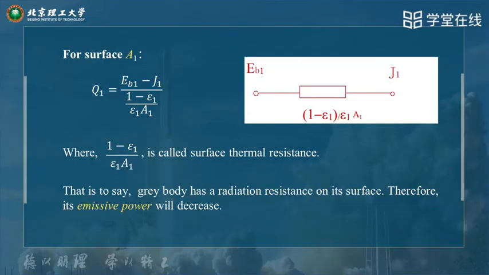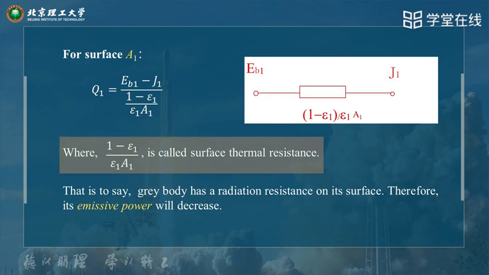Okay, for surface A1, we obtained Q1 equals EB1 minus J1 over (1 minus epsilon 1) divided by epsilon 1 A1. Here, we treat (1 minus epsilon 1) divided by epsilon 1 A1 as a resistance.